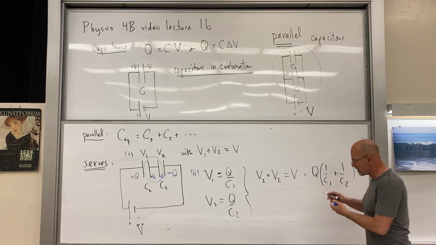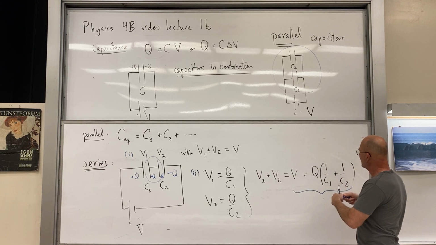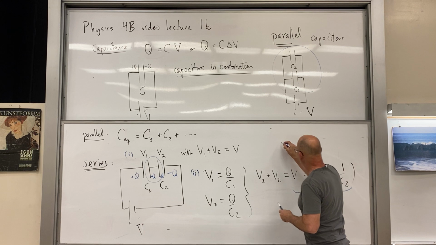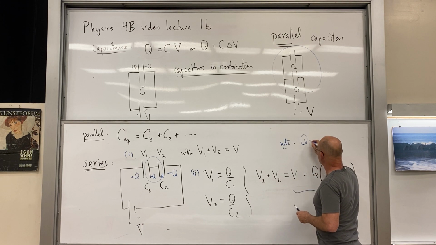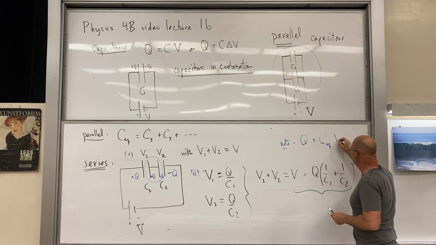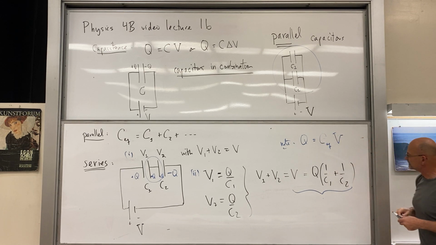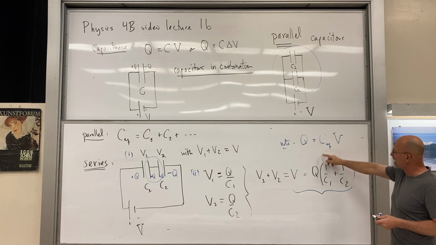So from this, note again, Q is equal to C equivalent times V. So C equivalent would be Q divided by V. Okay.